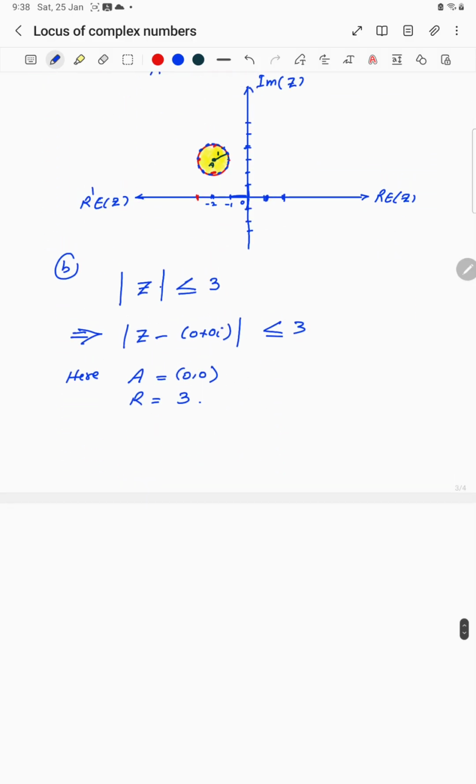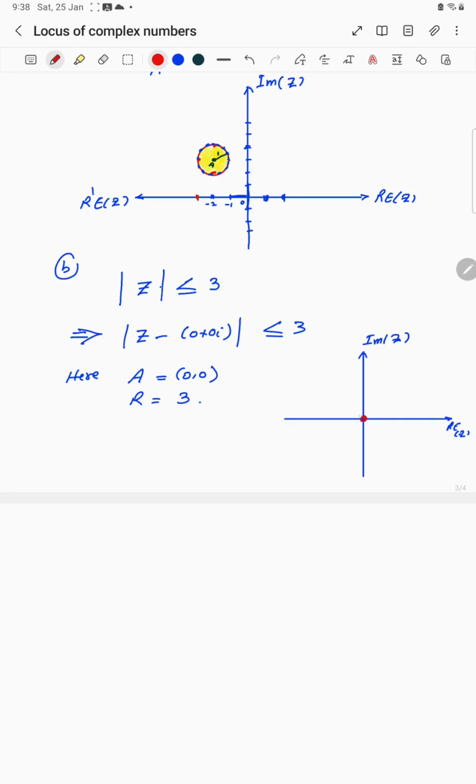Let's see how to plot it on an Argand diagram. Same as before, you will draw this. This is the real axis of z, this is the imaginary axis of z. (0, 0) is here.